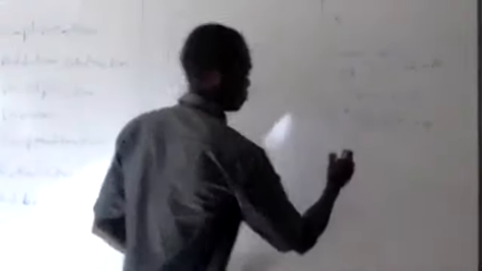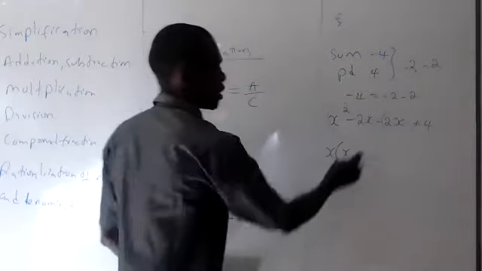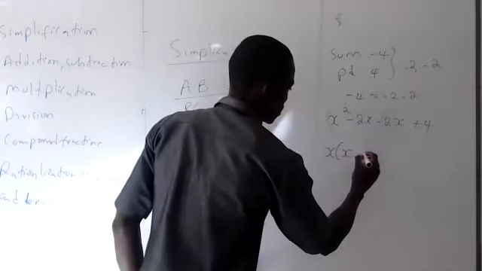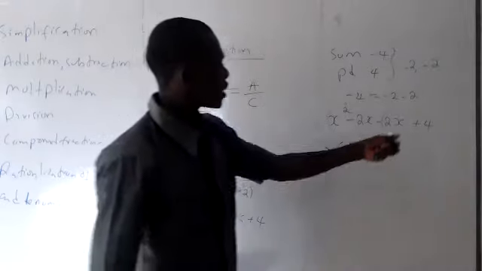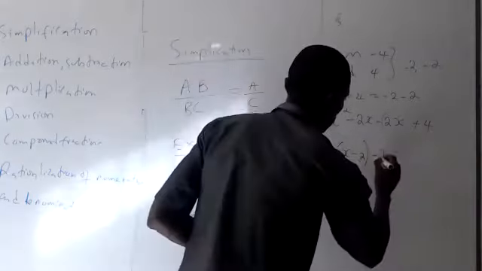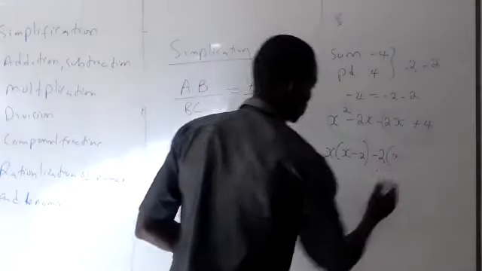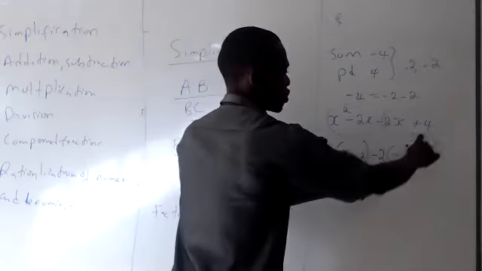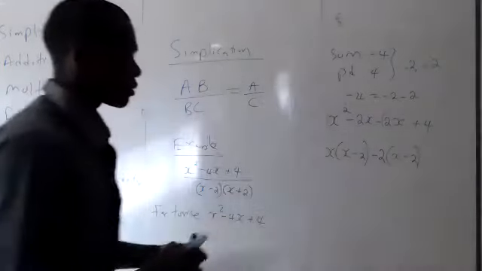So the first group, we have x factors x squared, x times x, and factors 2x, twice, and then minus, so the common factor in 2x and 4 is 2. So we have 2 outside, and then 2 into 2x is just x, and 2 into 4 is 2.